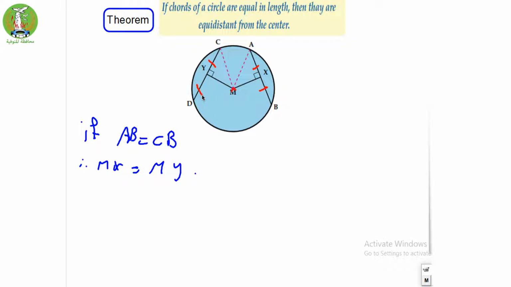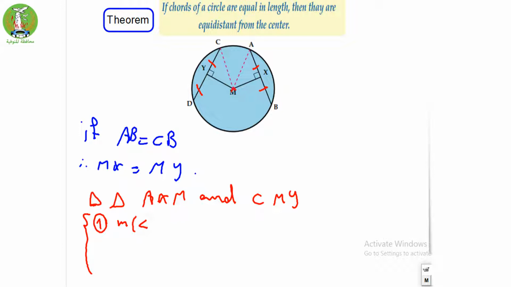In the two triangles AXM and CYM, we can see that there are three conditions to make those triangles congruent. First, measure of angle AXM equals measure of angle CYM.